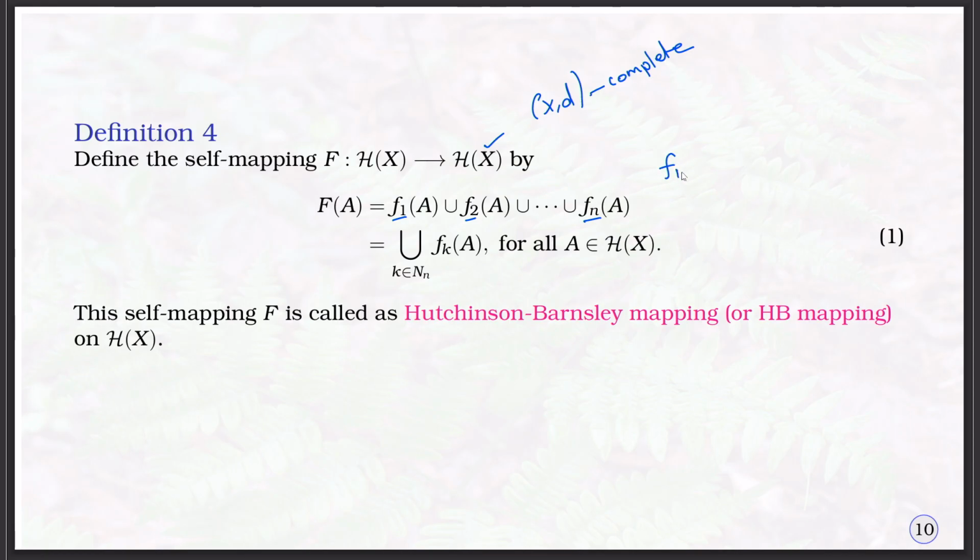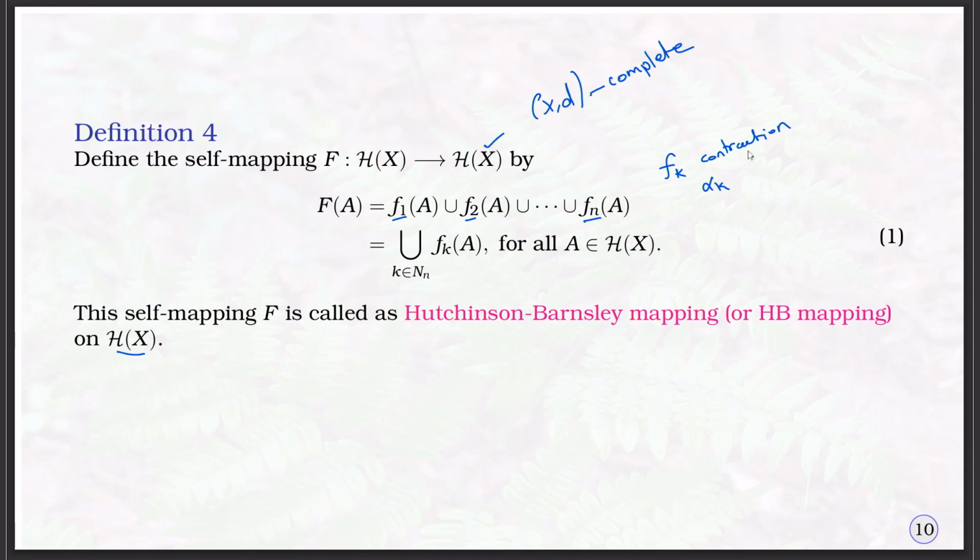Each Fk is a contraction with the contraction ratio alpha k. Now, we are taking the union of all the mappings. This self mapping F is called the Hutchinson-Barnsley mapping on H of X.